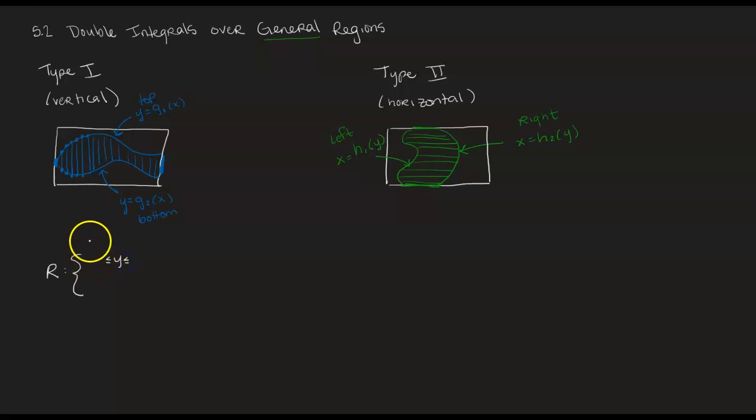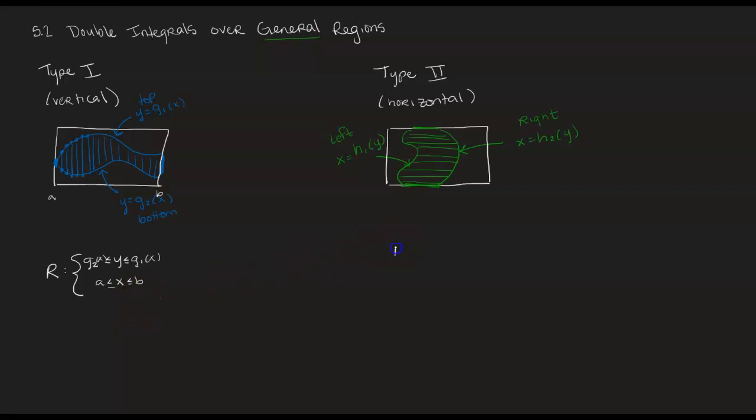The smaller value of y is going to be the bottom function, g2 of x. The larger values of y are the ones on top, constrained by the g1 of x function, the top function. And we were spanning over the x values from the rectangle's left side to the rectangle's right side. So x went from a to b, some constants.